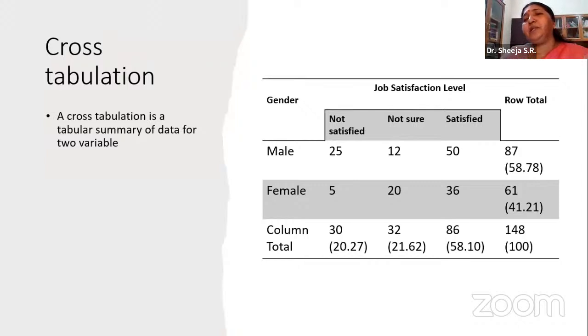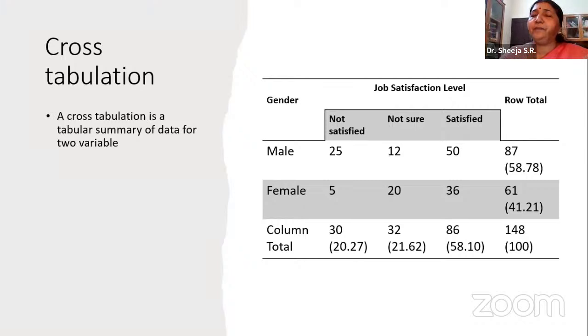And from this table, it's very clear that almost 58.78% of people are males, and the remaining 41.21% are females. So out of 148 people, 87 are males and 61 are females, and their job satisfaction levels are also given.